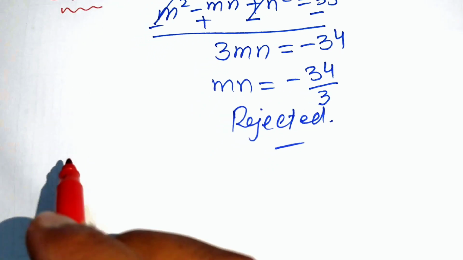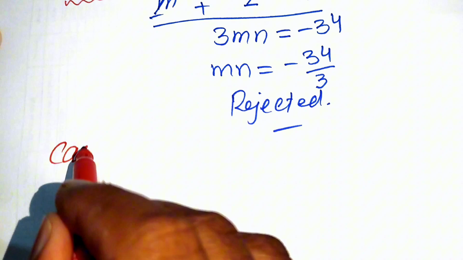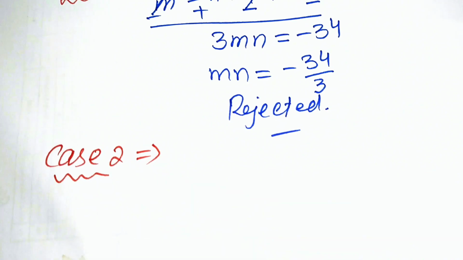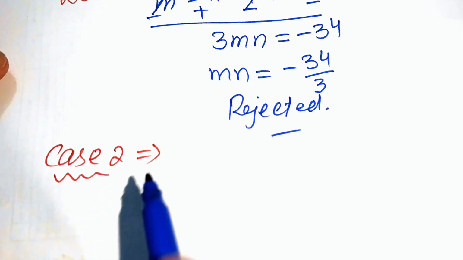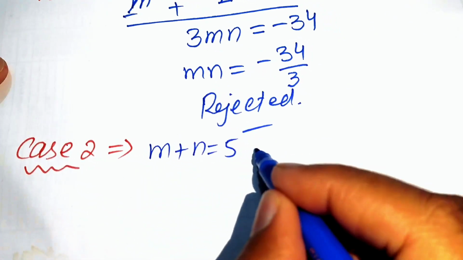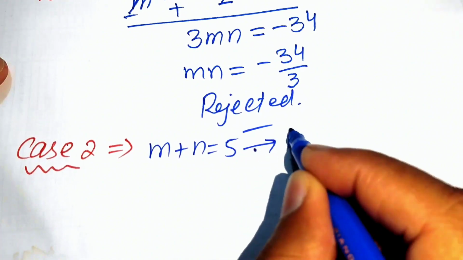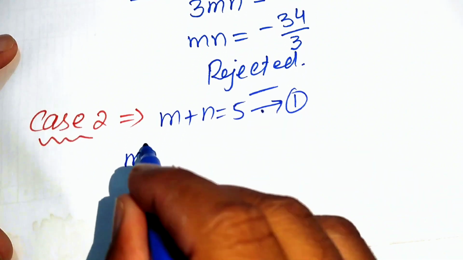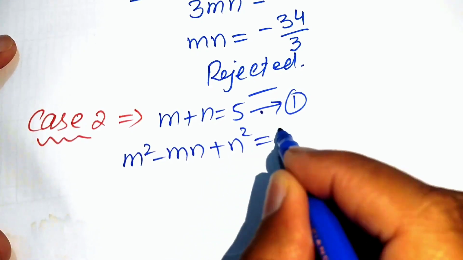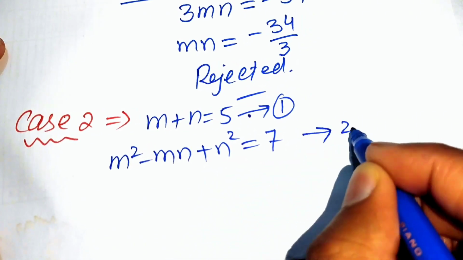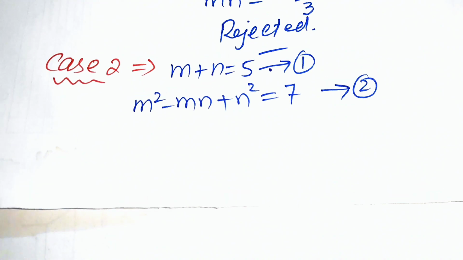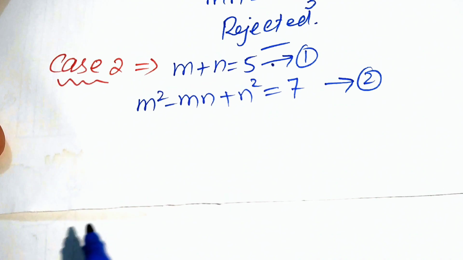So first I can copy down our case number 2: m plus n equals to 5, we call this equation number 1, and m square minus mn plus n square equals to 7, we call this equation number 2. Now we can solve case number 2 and find the values of m and n.